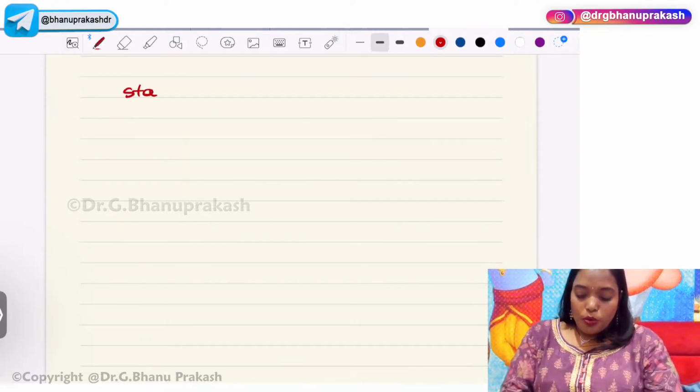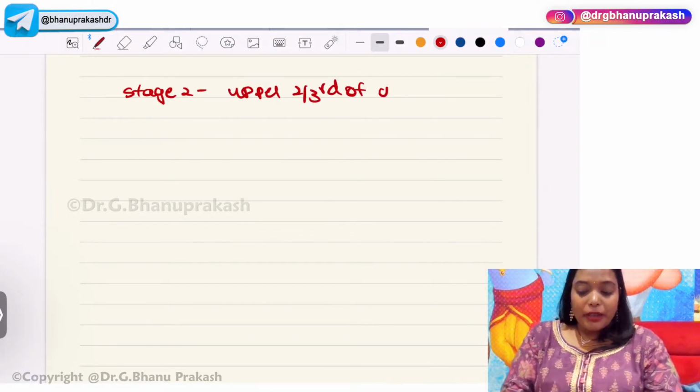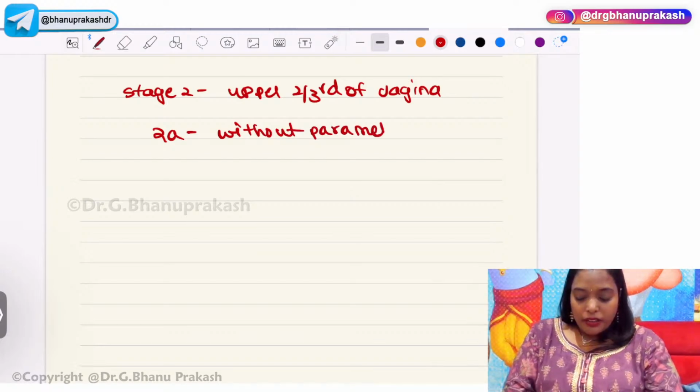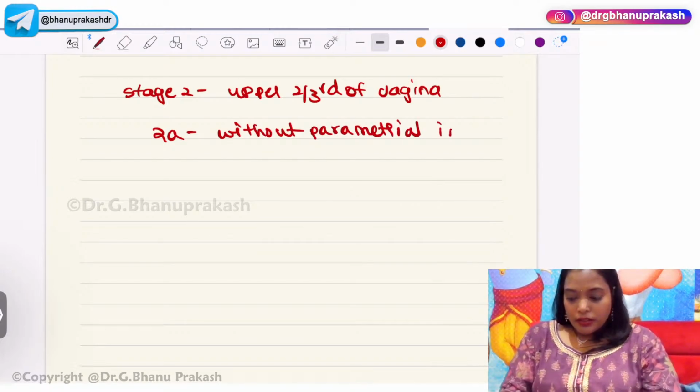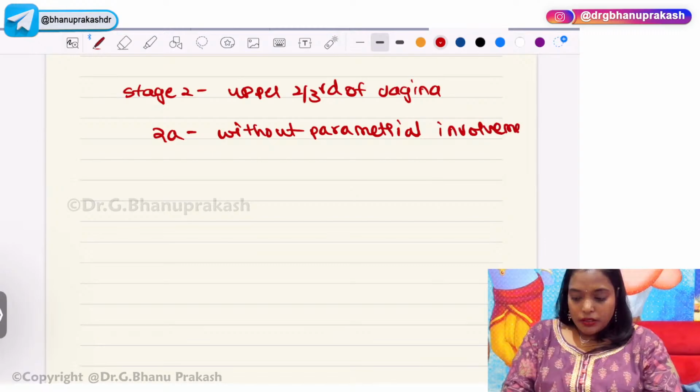Stage 2 will go to upper 2/3 of vagina, and it is all about whether parametrium is involved or not. 2A means without parametrial involvement. 2B is with parametrial involvement.